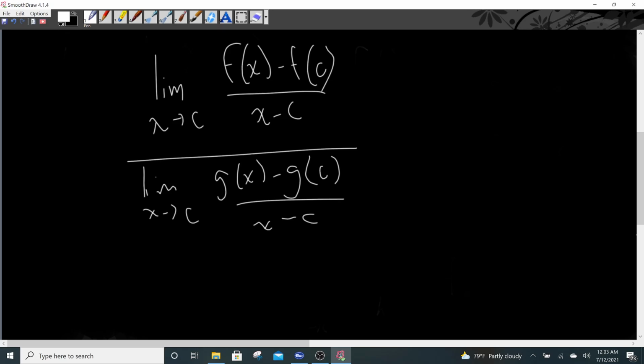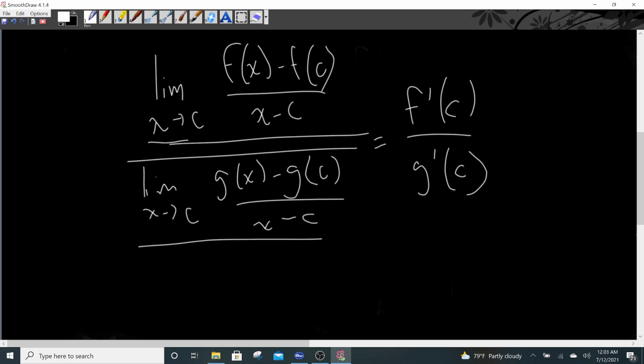We have this exact thing stored in our memory box, and so we can say that this is a derivative. We can say that this is the derivative at x equals c, or we can say that this is f prime c and g prime c, these two like functions right there.